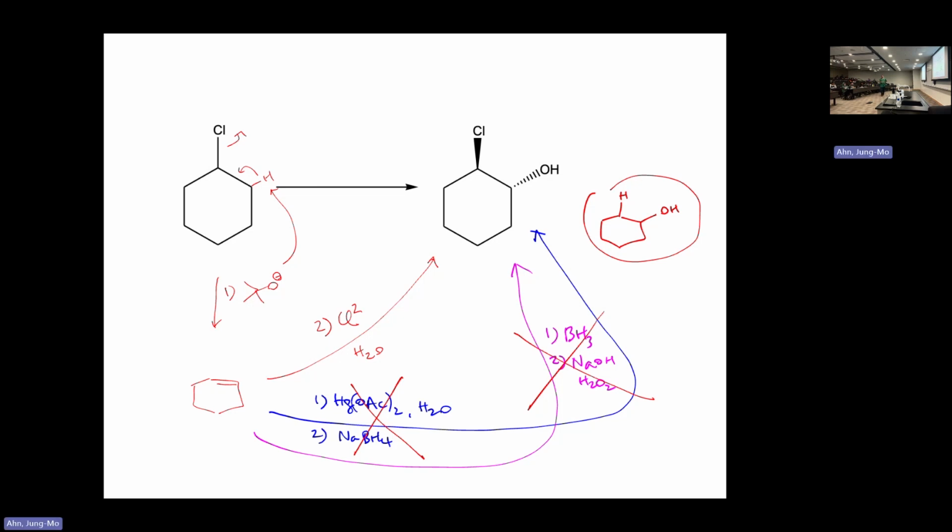And then you may think, okay, I'll do this, I'll add chlorine there later. But believe me, adding chlorine on this carbon later is difficult. It's not something I can think of an easy way to do either. So sometimes it's not rescuable. So you really have to get the right way.